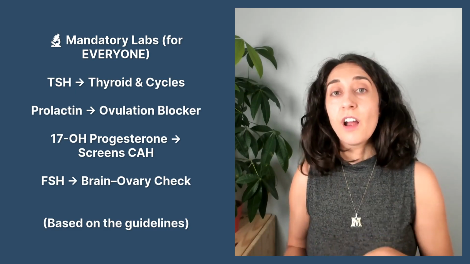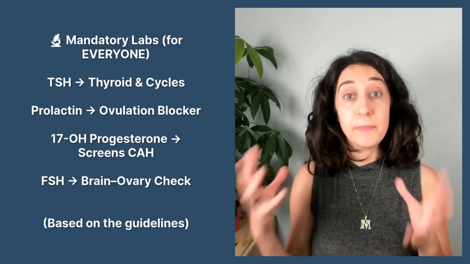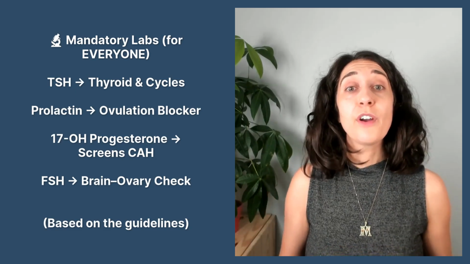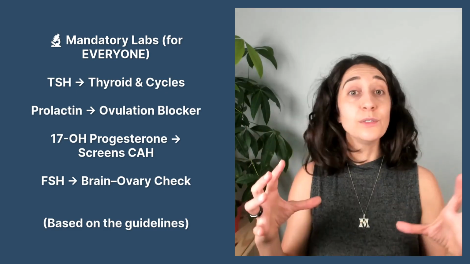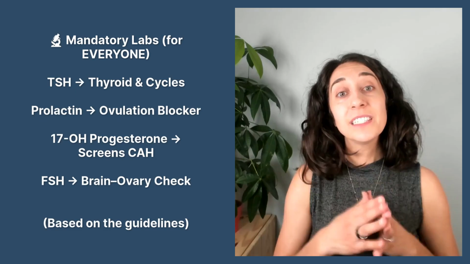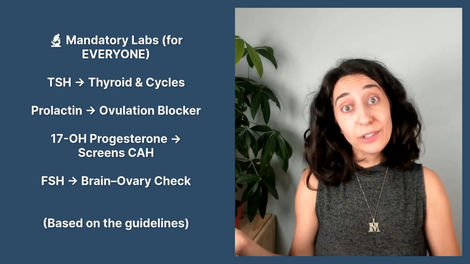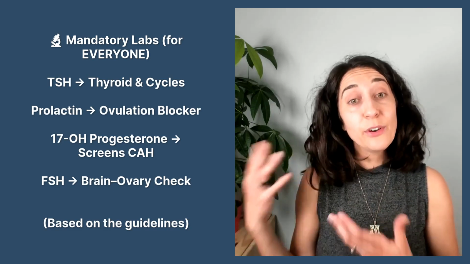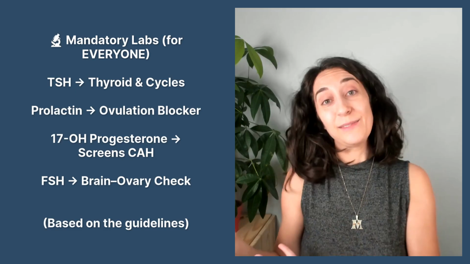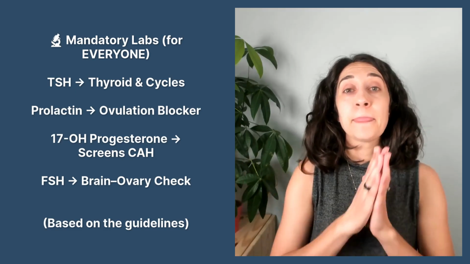But others are more rare, and these are often the ones that I see missed. The PCOS guidelines are very clear: there are mandatory exclusion criteria labs that need to be done for everybody, because if we do not do them, we will miss these rare genetic conditions that look like PCOS but are not PCOS. And those people need to be caught so that we can treat them like they deserve to be treated, not as someone with PCOS.